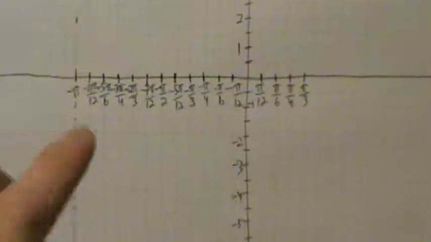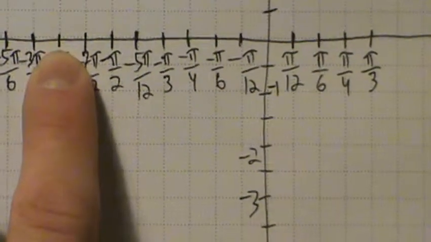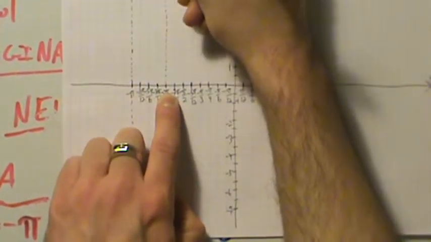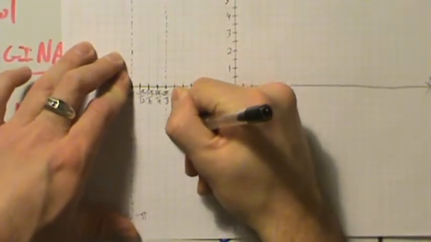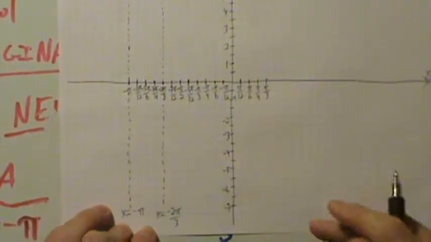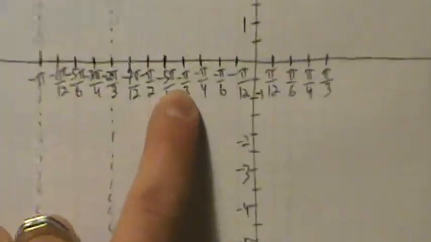So if we zoom in a little bit, we see that negative 2 pi over 3 is right here. So that's our vertical asymptote. Okay, so this is x equals negative 2 pi divided by 3. And then x equals negative 1 pi over 3, so just plain old x equals negative pi over 3, we had one there.